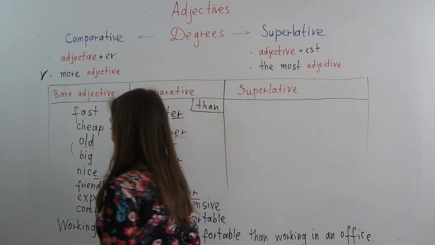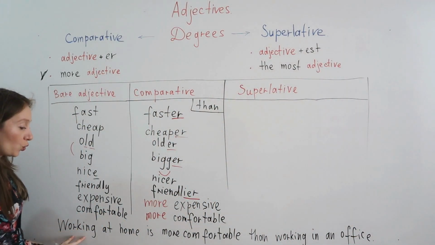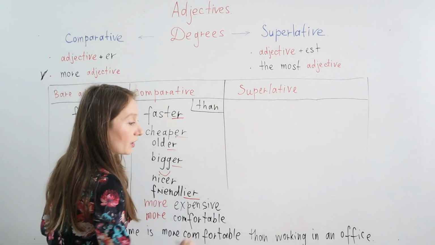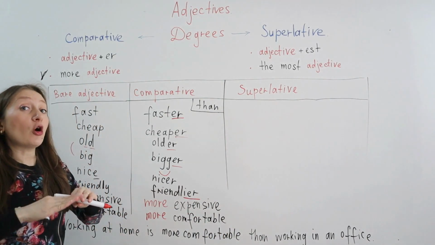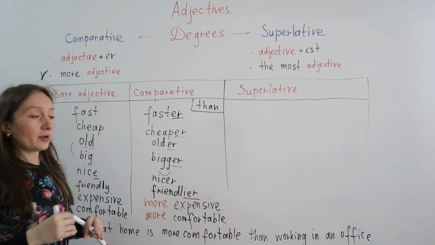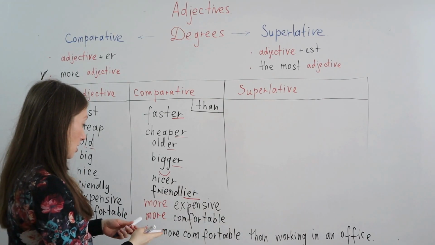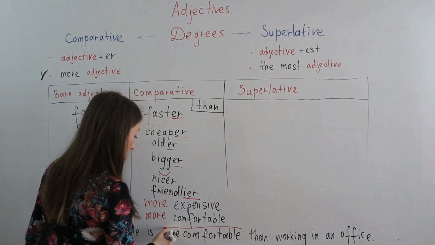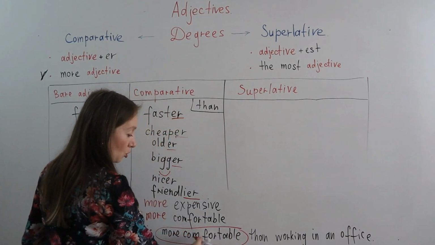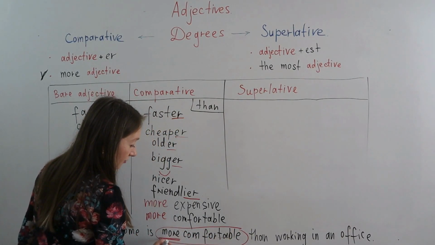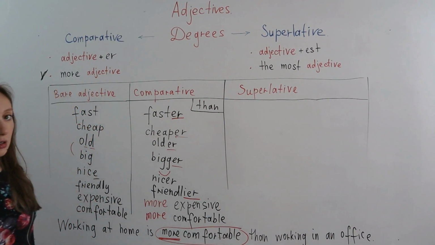You see from this example that we compare working at home to working in an office. And working at home is more comfortable than working in an office, right? We have here our adjective, normal adjective, and we have helping word more, right?